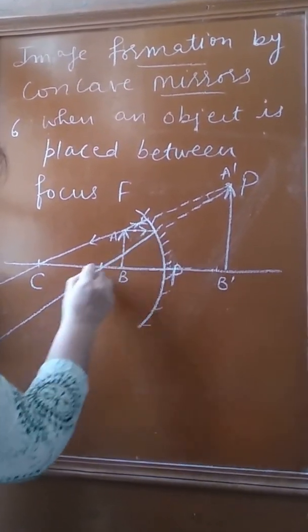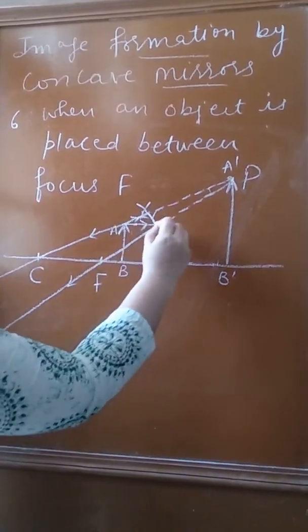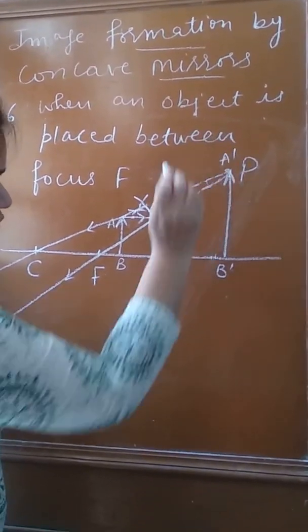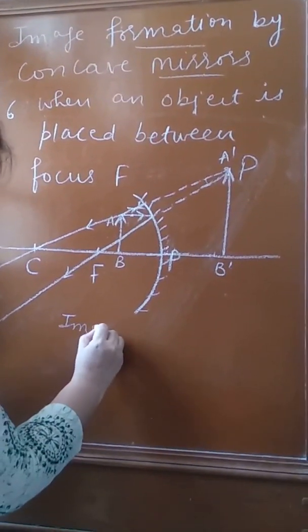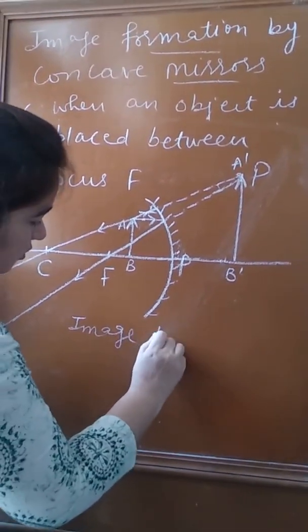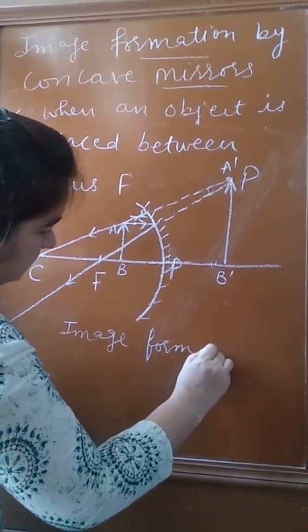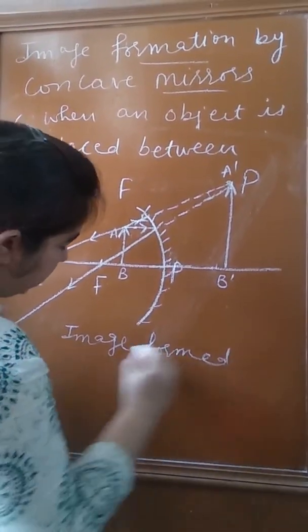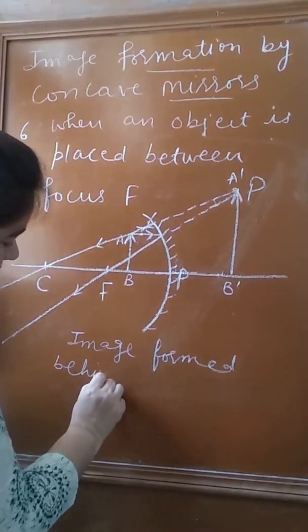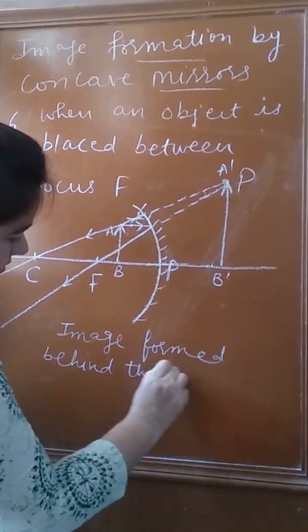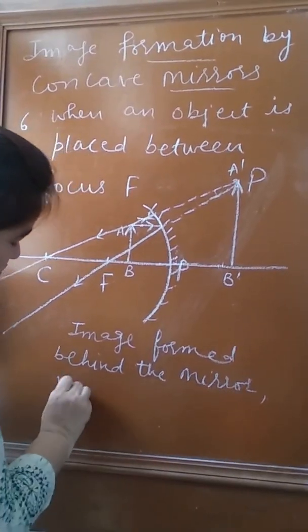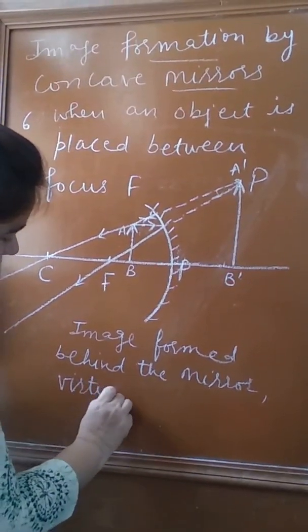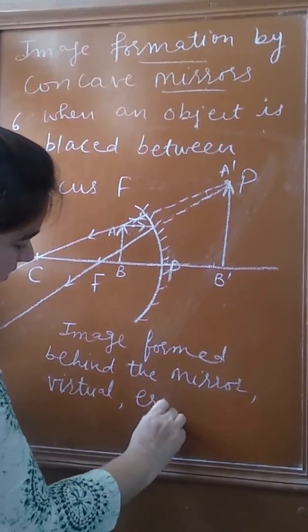These rays do not actually meet at any point. They appear to meet at this point. So the virtual image of the object is formed. Image is formed behind the mirror, virtual, erect.